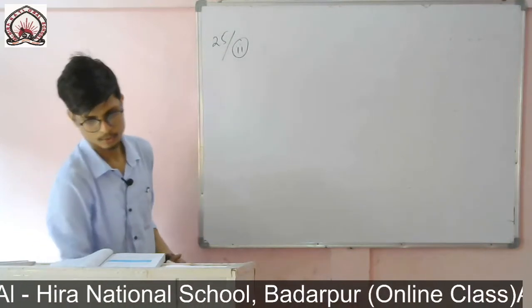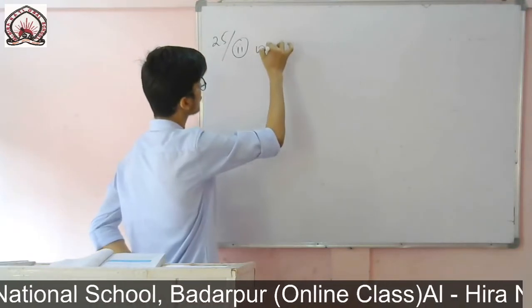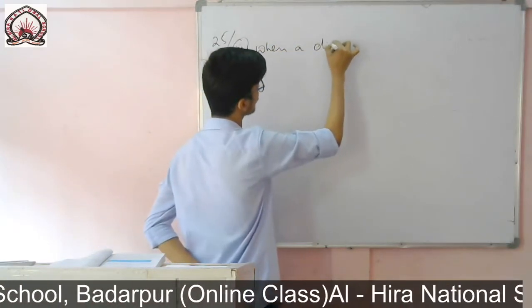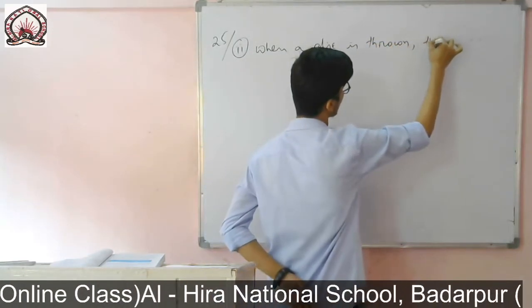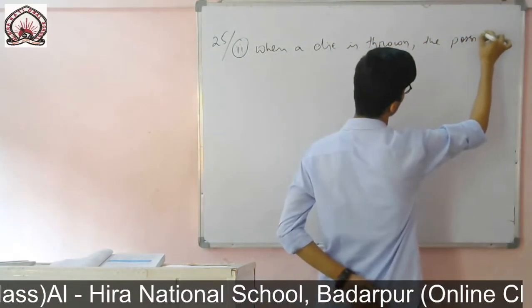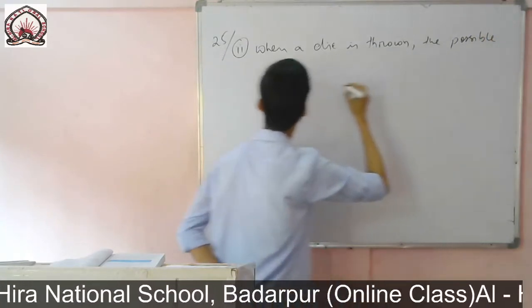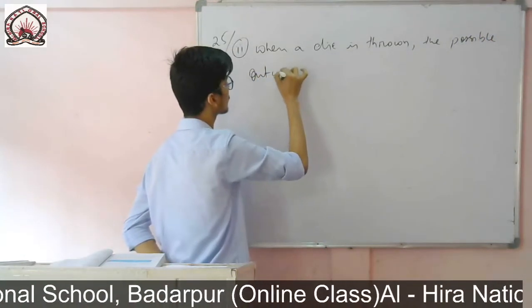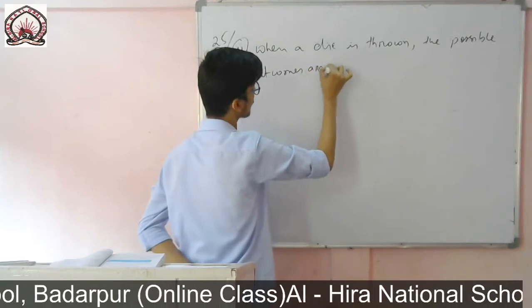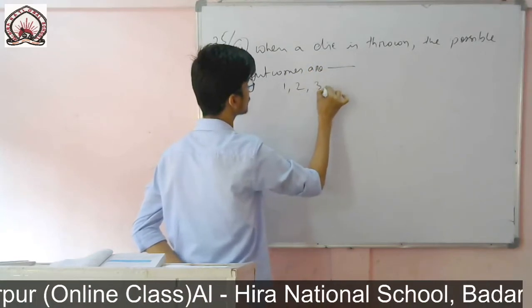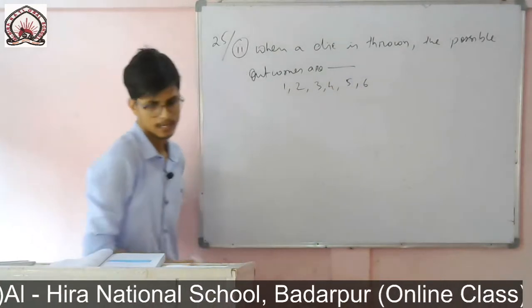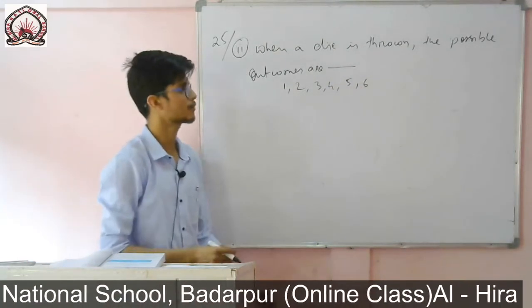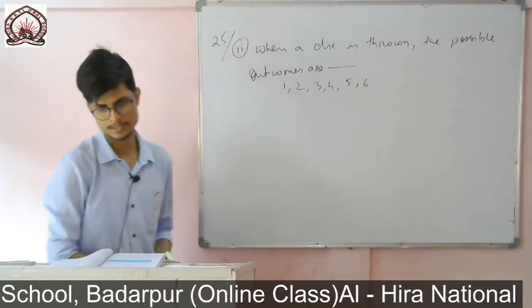When a die is thrown, the possible outcomes are 1, 2, 3, 4, 5, 6. So either I will get 1 or 2 or 3 or 4 or 5 or 6.